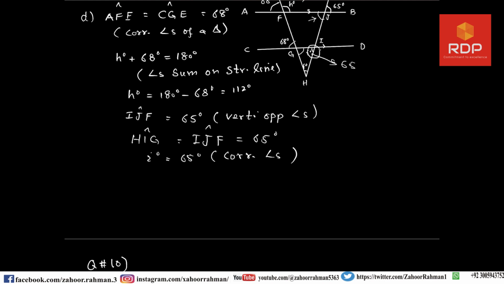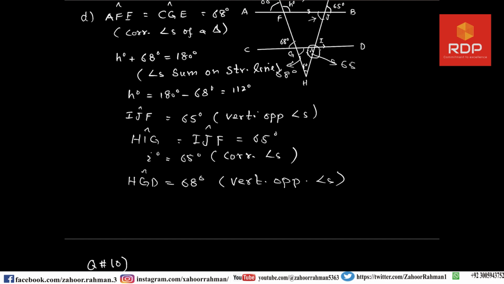So I am directly writing that HGD is equal to 68 degree by the theorem of vertically opposite angles. Now we found this value to be 68.